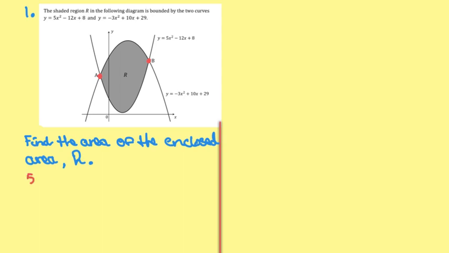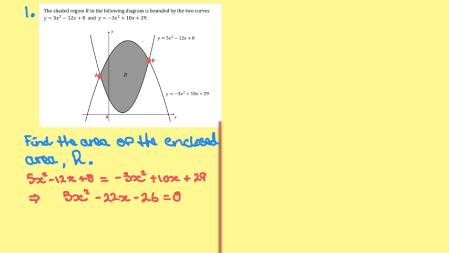So therefore 5x squared minus 12x plus 8 is equal to minus 3x squared plus 10x plus 29. So if we rearrange that, we get 8x squared minus 22x minus 21 is equal to 0.